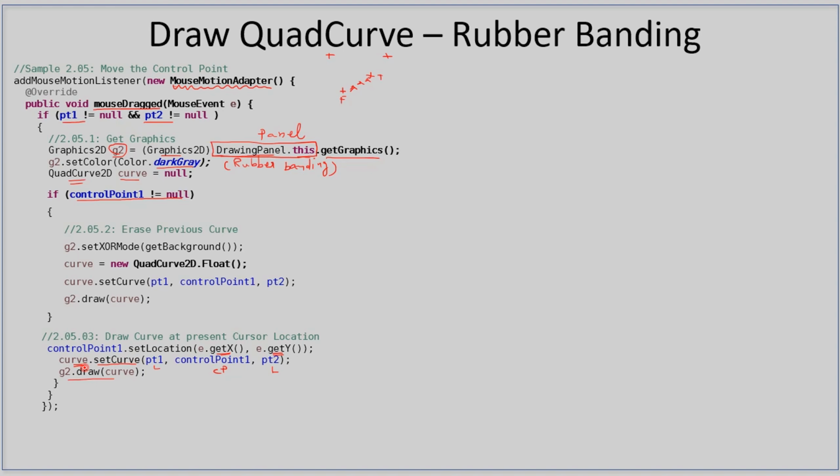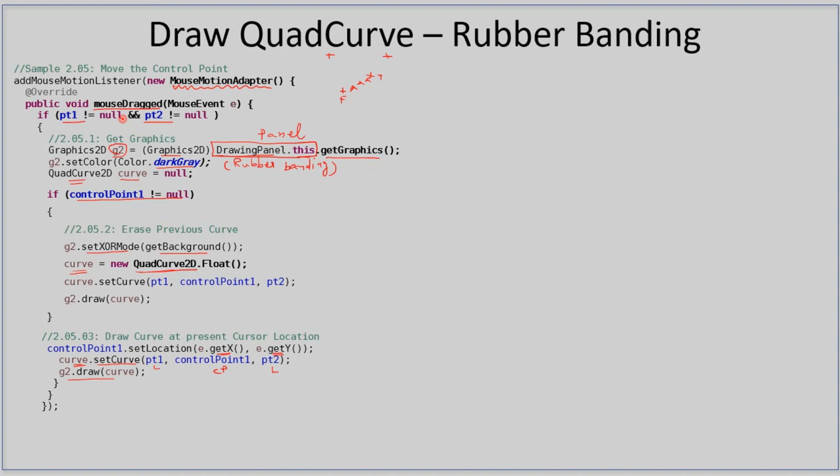So on each mouse drag we are setting the curve, right? So in that case we set XOR mode and get the background of the panel. So this XOR mode will invert the curve from the previous location. So here if you see, we are creating a QuadCurve2D. We are setting the curve here.